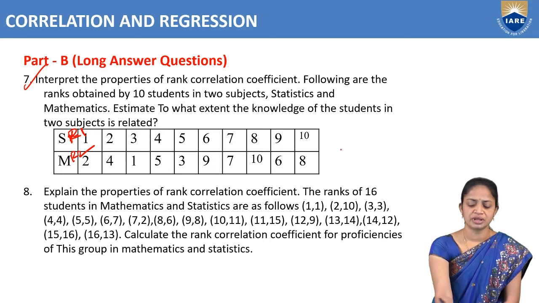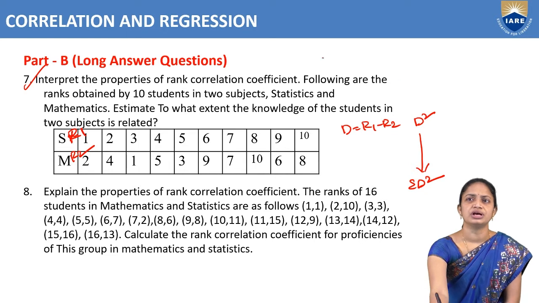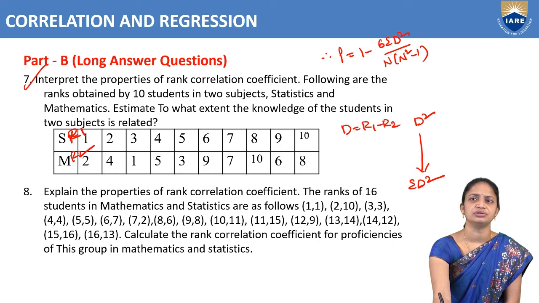Then we need to calculate D. D is nothing but R1 minus R2. After that we have to calculate D square, and from that we can find summation D square. Therefore the rank correlation coefficient rho is equal to 1 minus 6 sigma D square by n into n square minus 1. Here n equal to 10.